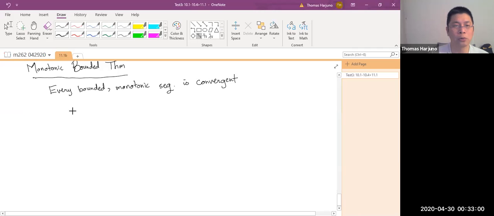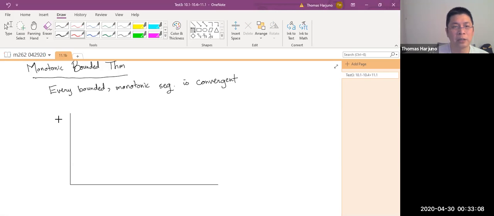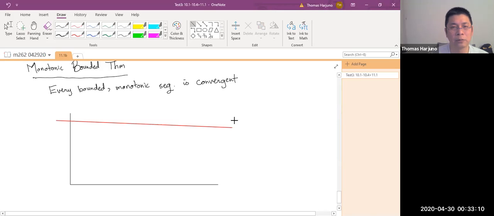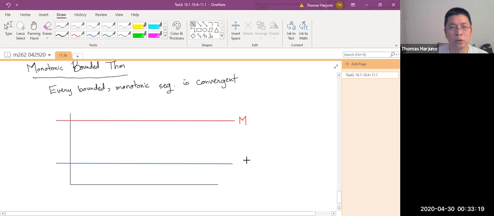Now suppose I have a sequence that is bounded above by this value, let's call this my capital M, and bounded below by this value. Notice that they use the word bounded, so it has to be both above and below.